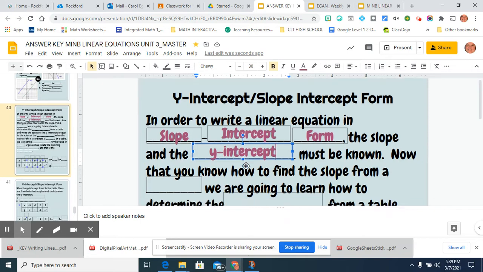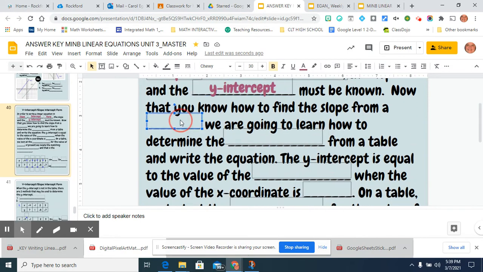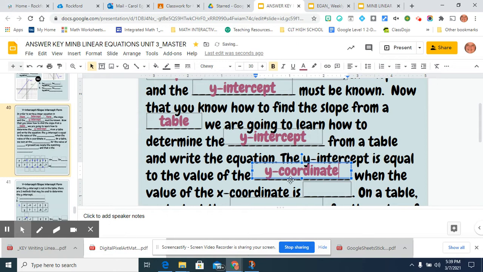So now that we know how to find slope from a table, we're going to learn how to determine the y-intercept from the table and write the equation. The y-intercept, we spoke about this previously, is equal to the value of the y-coordinate when the value of the x-coordinate is 0.